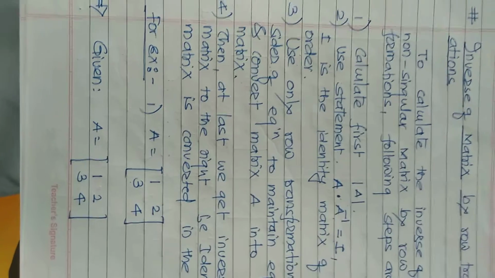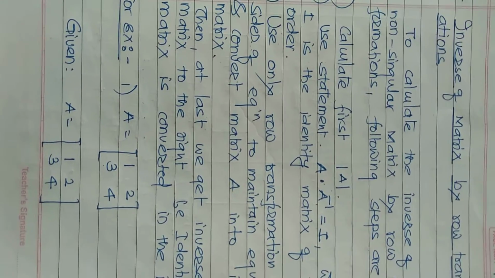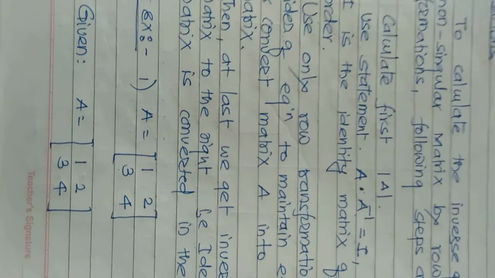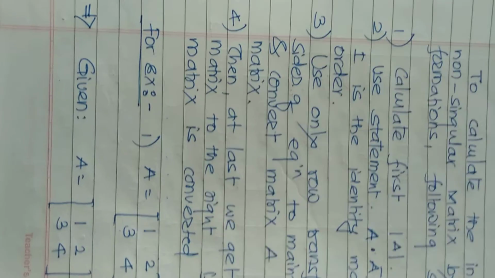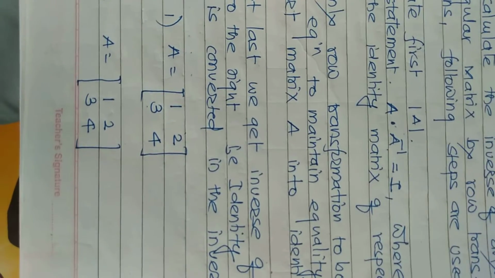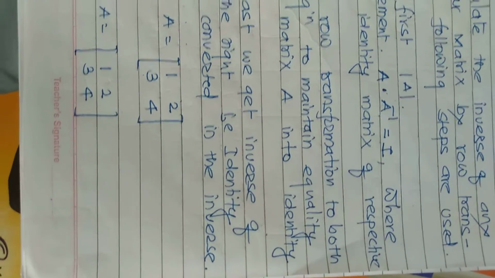And you know identity matrix, in multiplication with any matrix, gives that matrix only. Then at last we get the inverse of the matrix on the right. That means the identity matrix is converted into the inverse of that matrix.